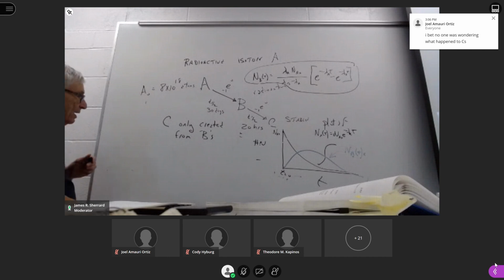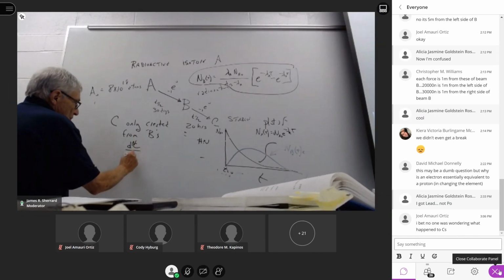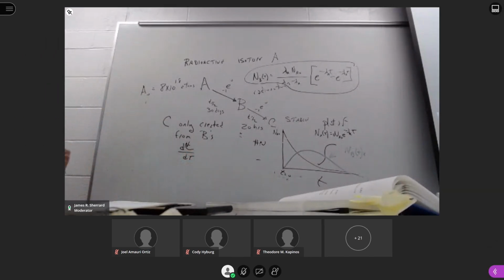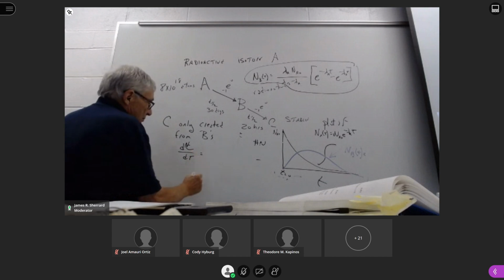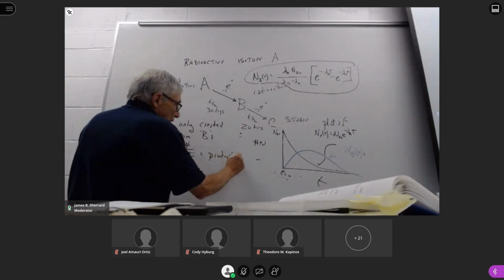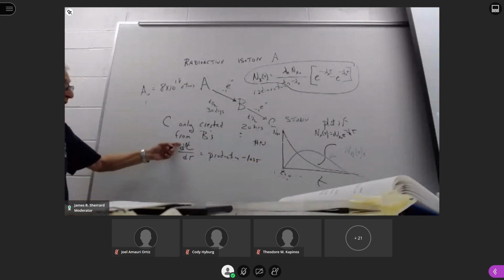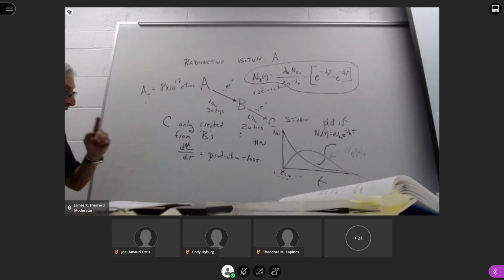So we could look at the rate of change of N sub C with respect to time. It's going to have to do with the rate of production minus loss, because that's how you define the number that you have.